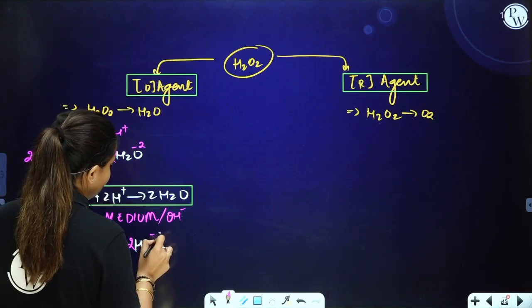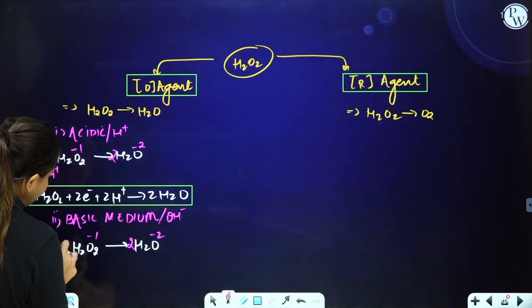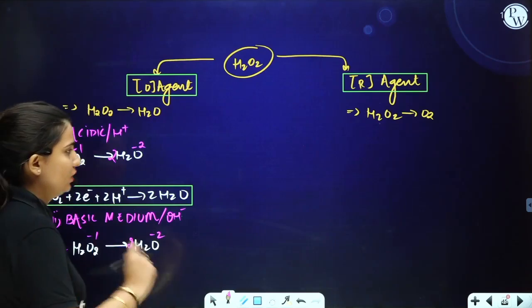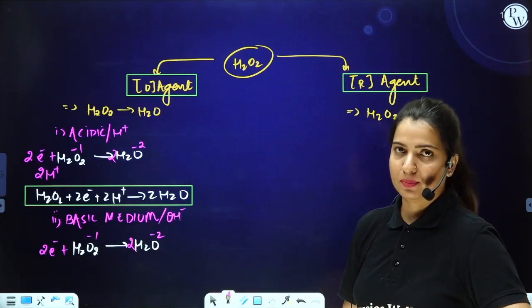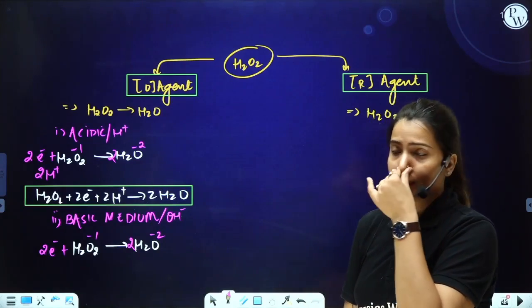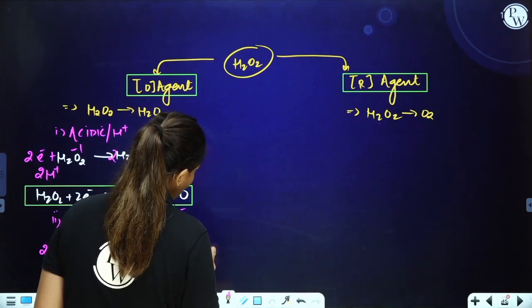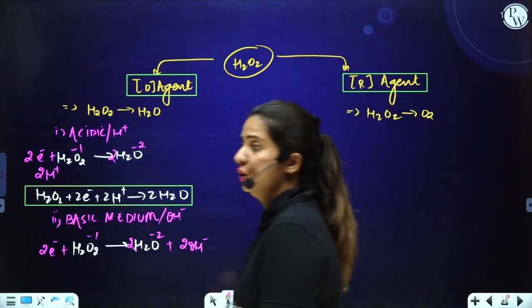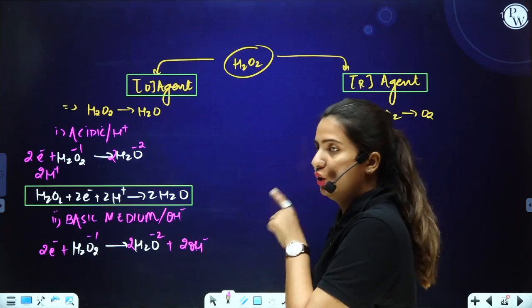Multiply here 2, it is -2, it is -1, and you will have 2 electrons over here. Now calculate the total charge. Here it is having -2 charge. Here there is no charge present. Water is neutral, H2O2 itself is neutral. So if you have 2 electrons over here, you have to add 2 OH negative over here to balance the charge which is created in the reaction because of the presence of the 2 electrons.